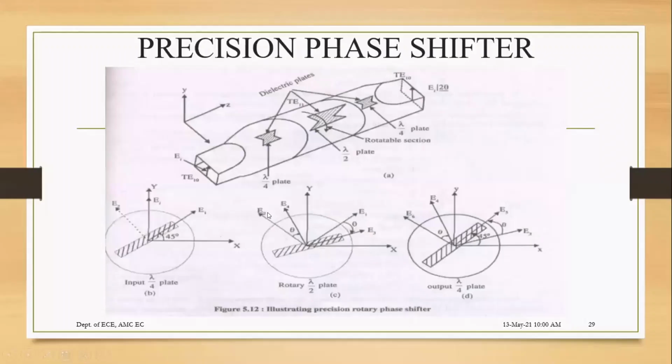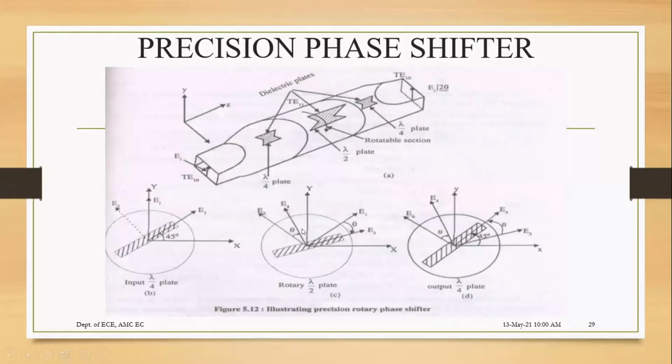Now writing for your E4 component. Look into the figure. Your terms will change because of the orientation of your parameters. For E4, this will be the horizontal component and this will be the vertical component. So for E4, the component starts from E2 cos theta plus E1 sin theta, whereas here it will be negative because of the rotation of the angle.